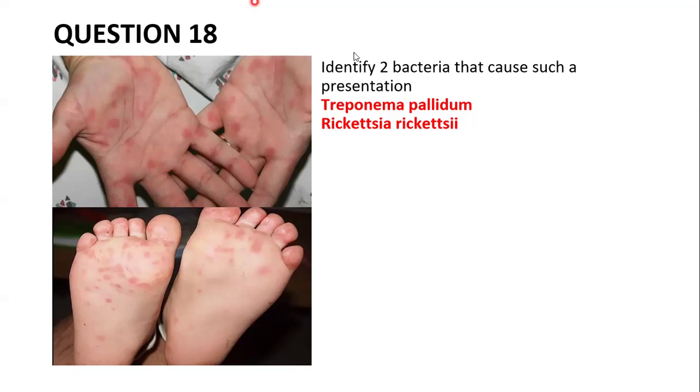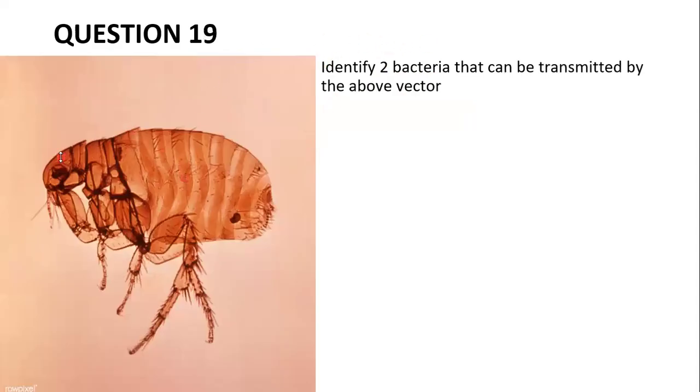Hand, foot, and mouth disease. Very good. So the virus is called Coxsackie-A virus. Do you remember Coxsackie? It was one of the picornaviruses, together with polio, rhinoviruses, hepatitis A, and those ones. In case you were brought this and you were asked the virus, the answer is Coxsackie-A, or hand, foot, and mouth disease.